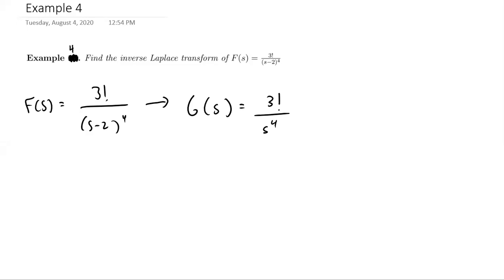Specifically, we have that F of s is equal to g shifted 2 units to the right. I had it right the first time. That's what that looks like.